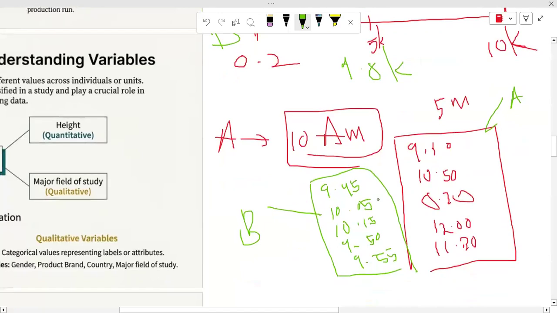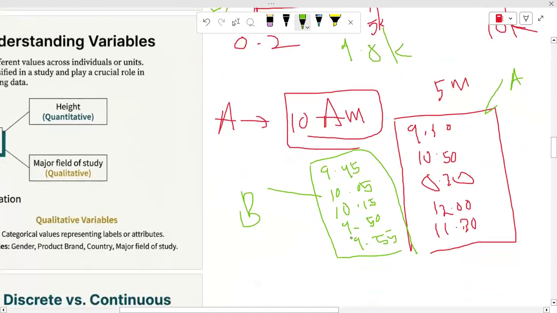What is the maximum time? 10:50, maximum delay. Early? 9:45. So what is the range here? Maximum minus minimum? 30 minutes. Half an hour. Only 30 minutes.